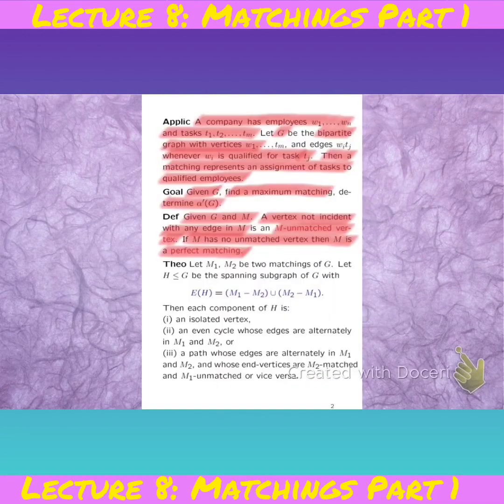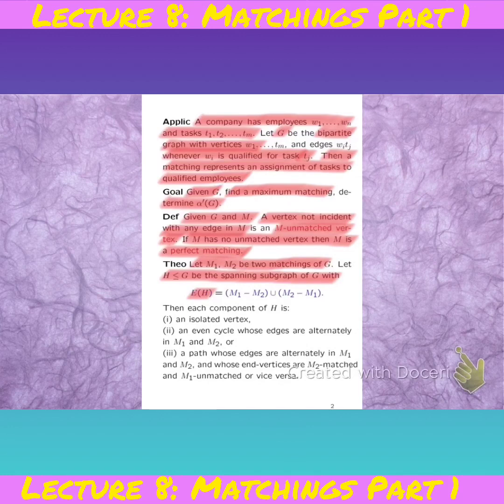Then the next theorem is more of an observation. If you've got two different matchings of G, and you look at the spanning subgraph H of G, in other words, what is a spanning subgraph? It's a subgraph that has all the vertices of G, and specifically the edge set of this spanning subgraph is defined as follows.